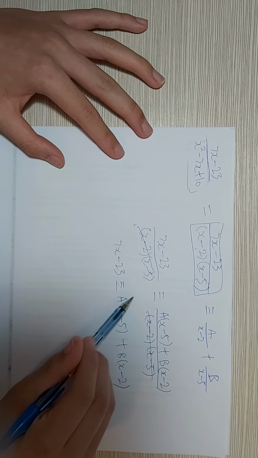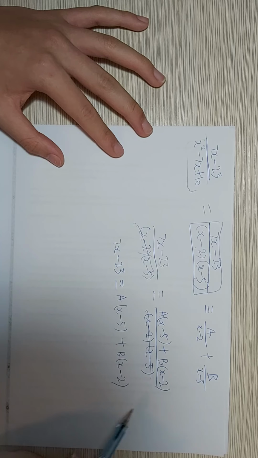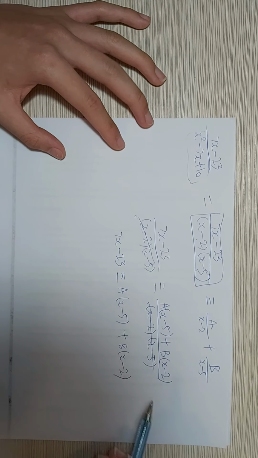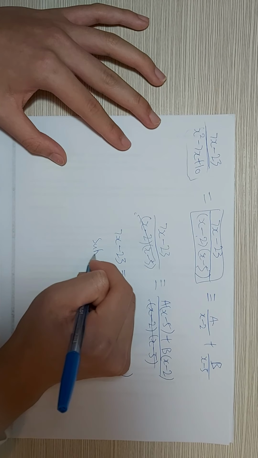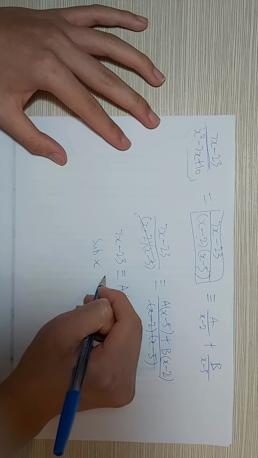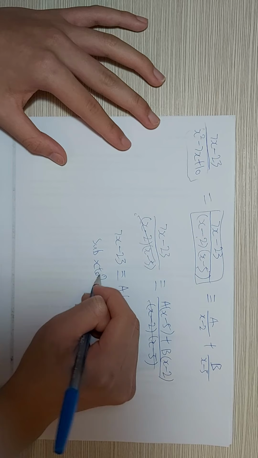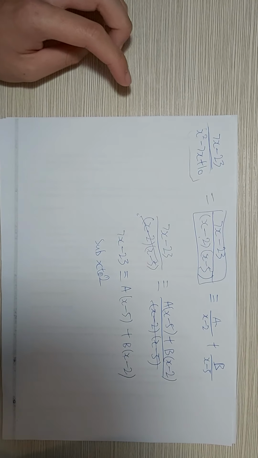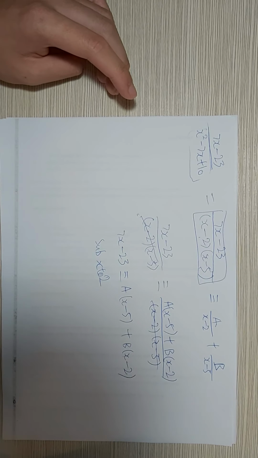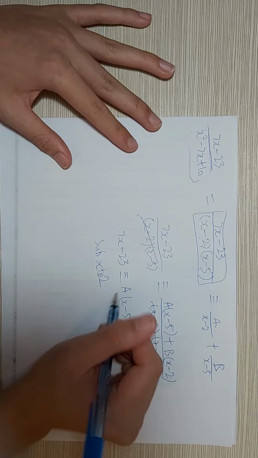If I want to solve for A, I want B to disappear. It is easy. By substituting x to be 2, this will be 0, and then 0 multiplied by B will make B disappear.